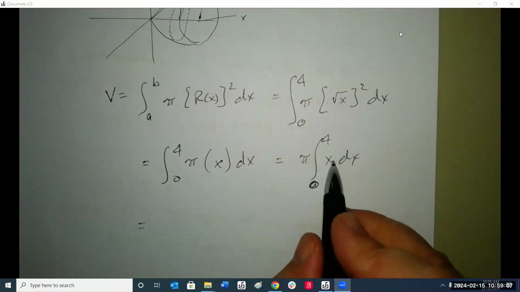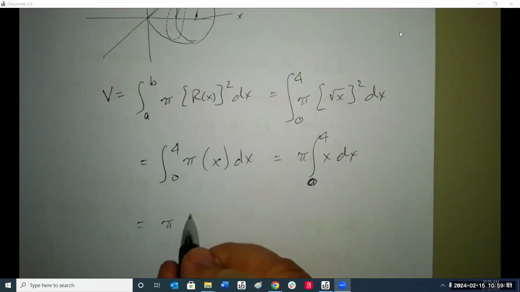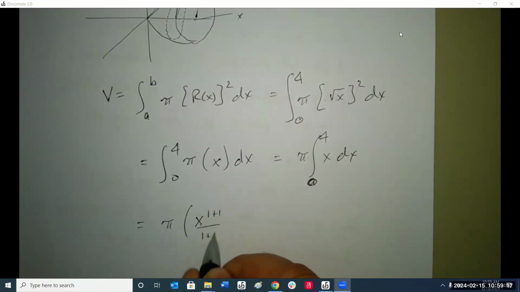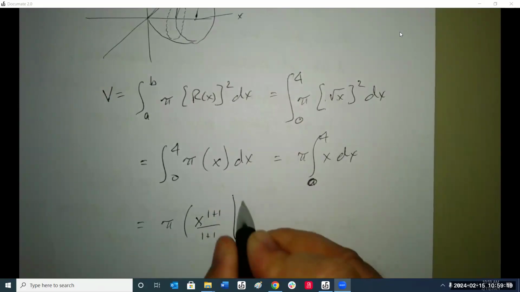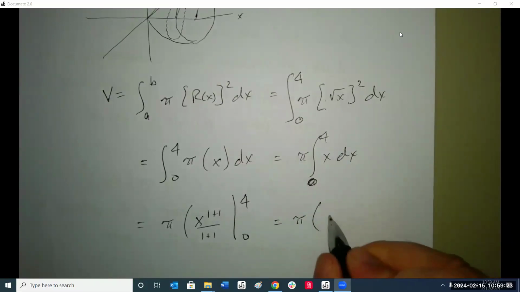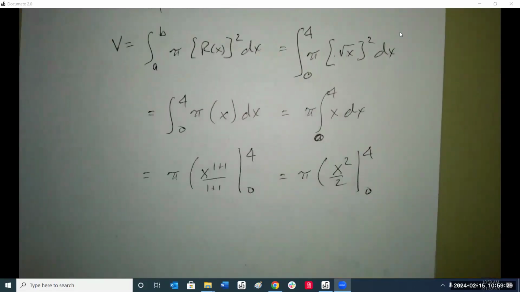Right, so the integral of x is x to the 1 plus 1, x squared over 2, from 0 to 4.